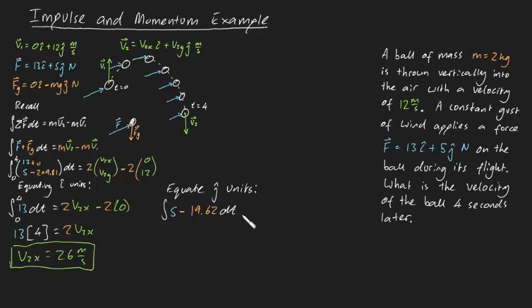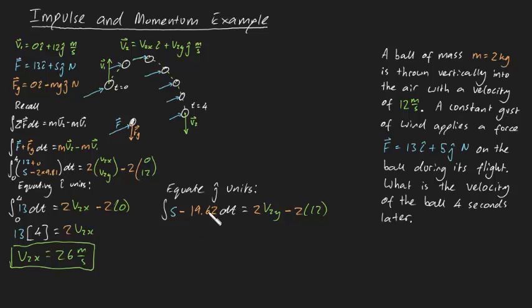Don't forget dt here, and that's going to be equal to 2 times v2y. Don't forget I'm focusing on the bottom row here. And that's going to be subtracted from 2 times 12. Don't forget, bottom row, that's all I'm doing.